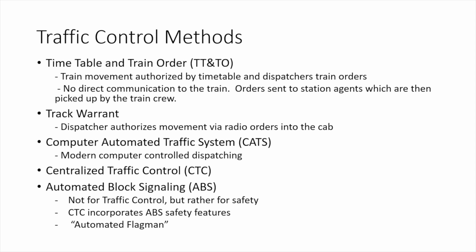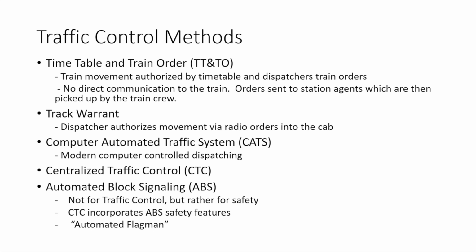And the train orders are transmitted to the crews via station agents. So a dispatcher would call up or use a telegraph to provide an order to a station agent, who then could hoop it up to the train crews or set a signal so that the train crew would know to stop to pick up their orders.